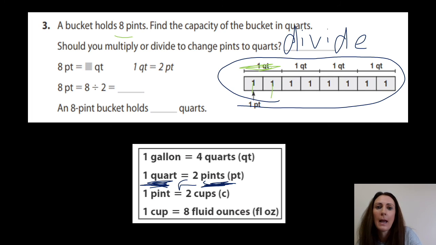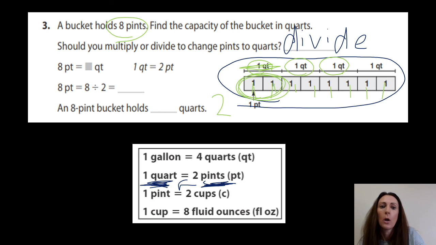So if the question is telling you that we have 8 pints, so 1, 2, 3, 4, 5, 6, 7, 8, I have to take that 8 and divide it by 2 because I know that every quart has 2 pints in it. That's why you divide. So that's what they're saying here as to why you would divide. And 8 divided by 2 is, right, 4.